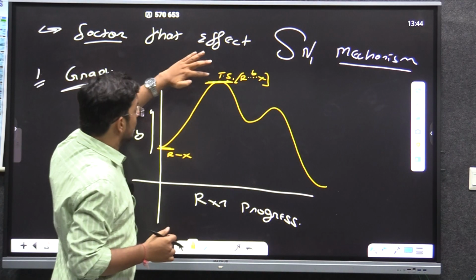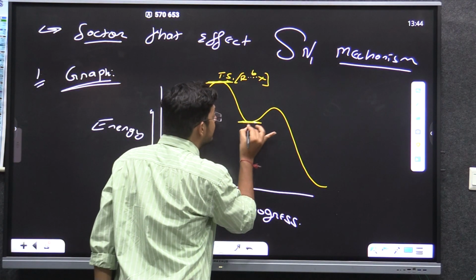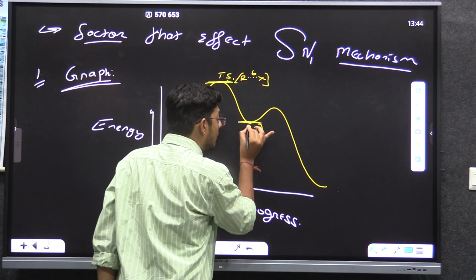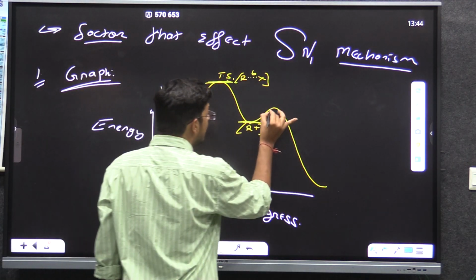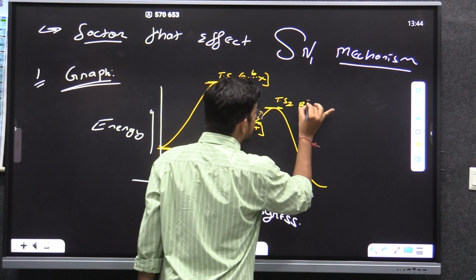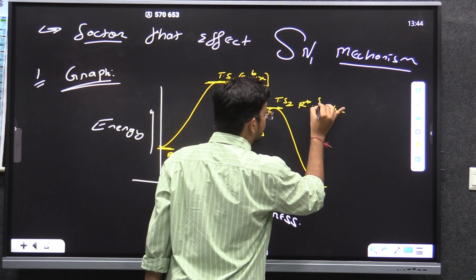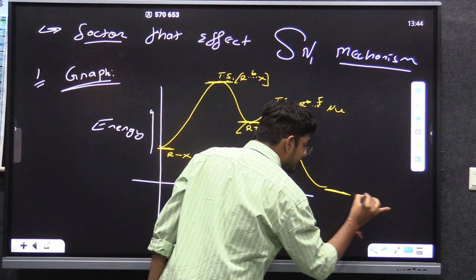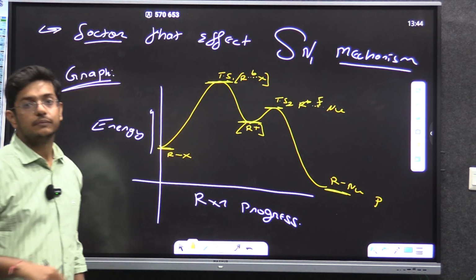So this is the first transition state, and this point is known as the formation of carbocation, or the intermediate. After that, this is the second transition state where the carbocation and nucleophile undergo bond formation, and finally this is the product where R and the nucleophile form their bond.